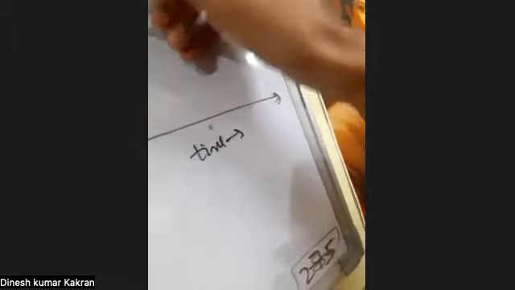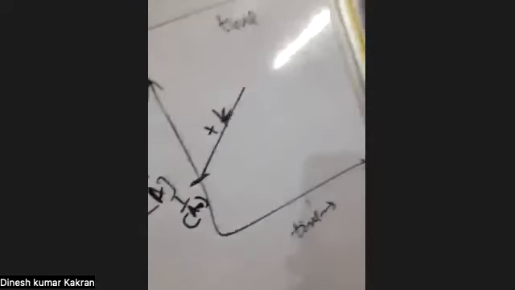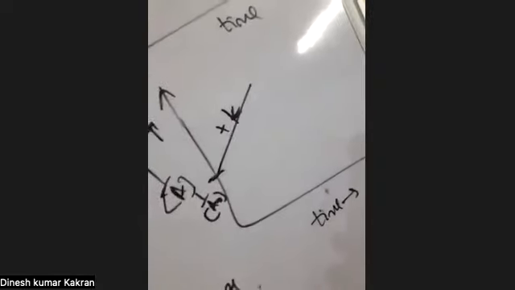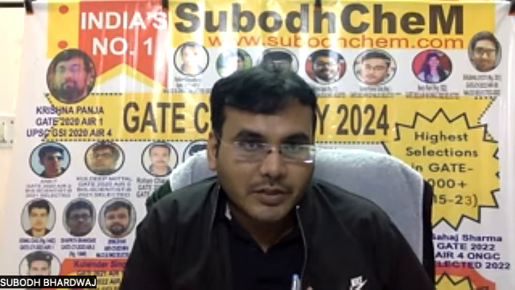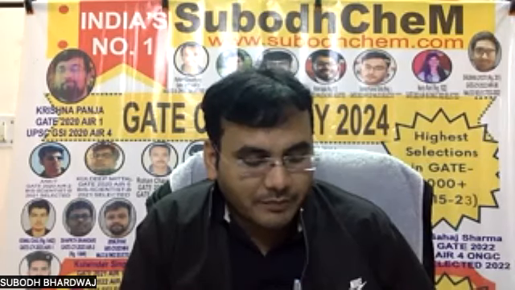Sir, I have plotted this thing, the concentration versus time. 1 by a versus time, 1 by a naught would be the intercept, and plus k would be the slope of the reaction. This is the concentration versus time. Yes. Rate versus time.